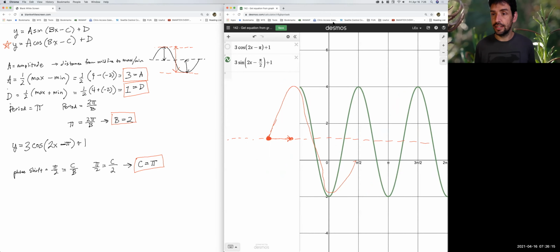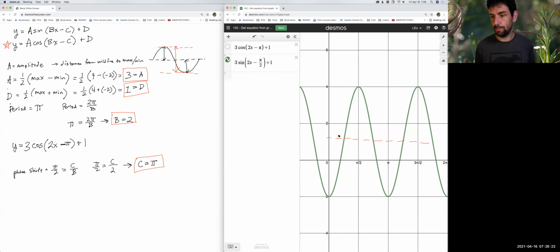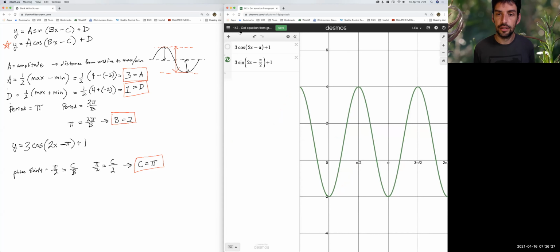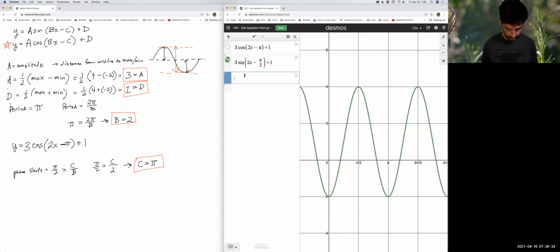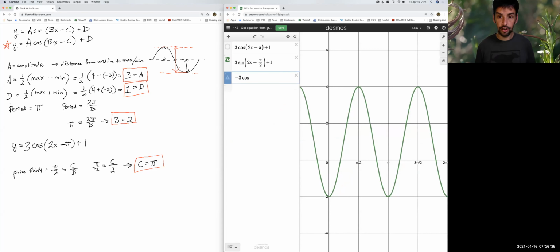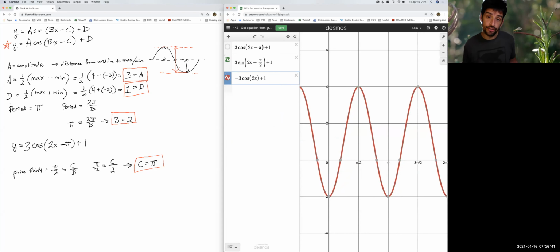And let's finally get rid of all this stuff. Let's just put in that one with the negative amplitude. So I could put in -3 cosine of 2x plus 1. And that also lands there, right?